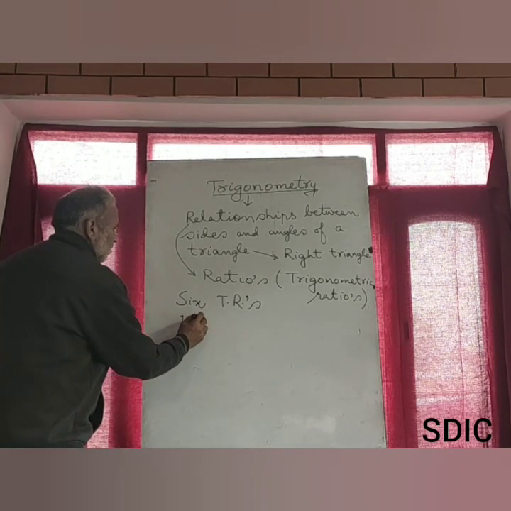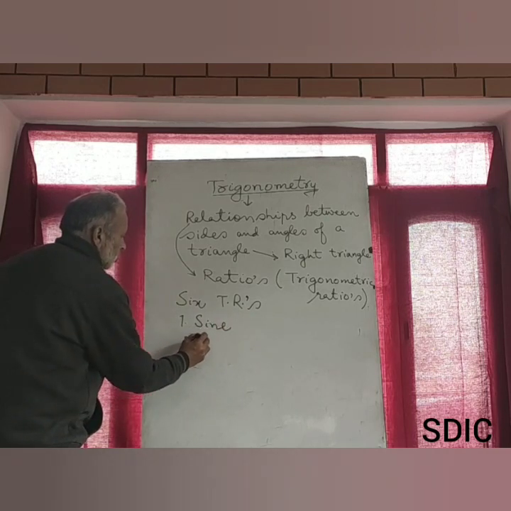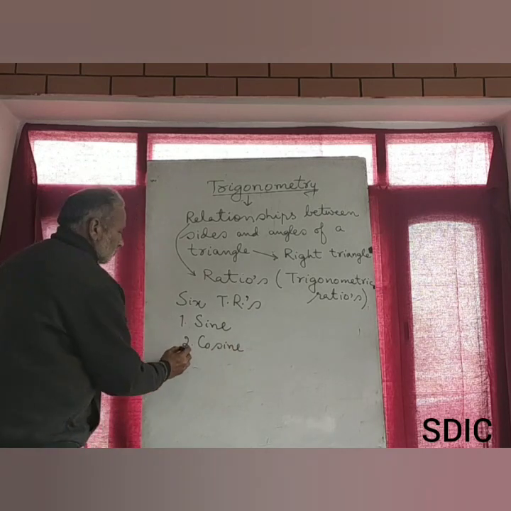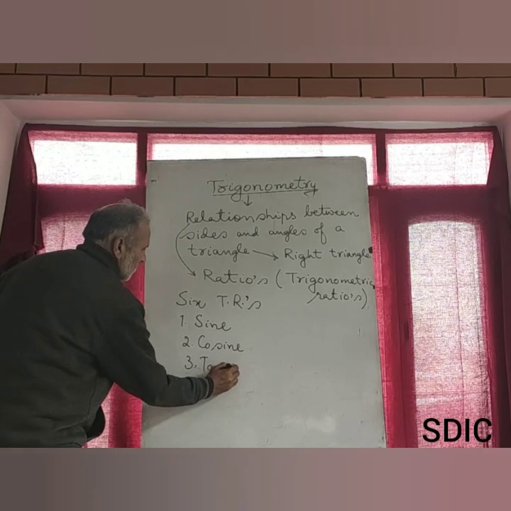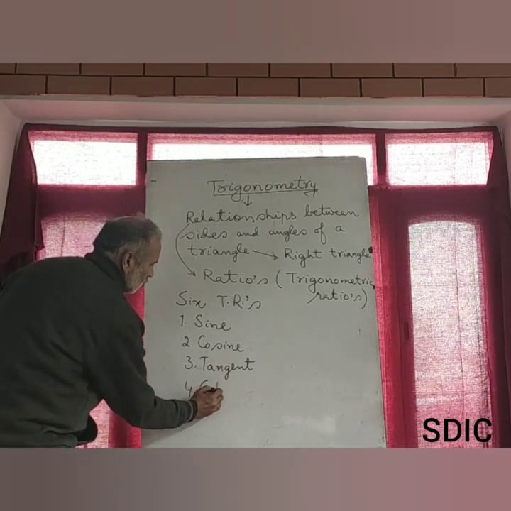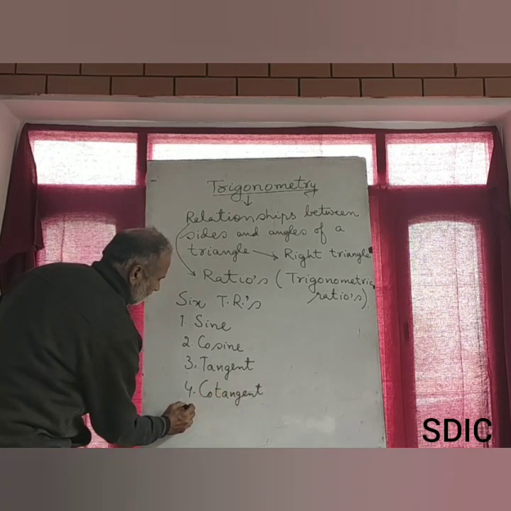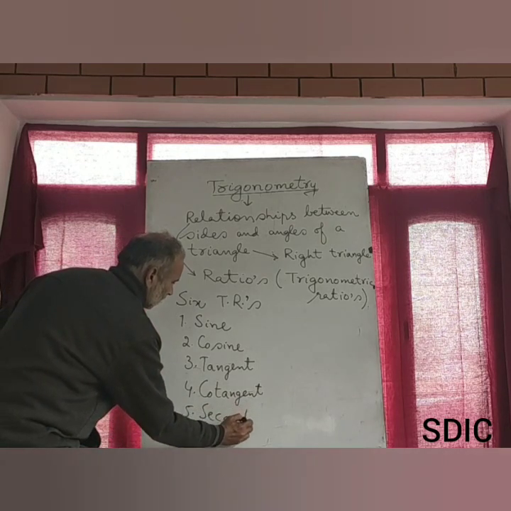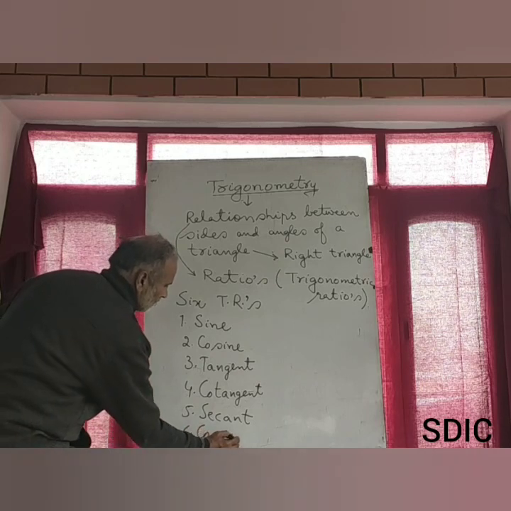Number 1, sine. Number 2, cosine. Number 3, tangent. Number 4, cotangent. Number 5, secant. And number 6, cosecant.